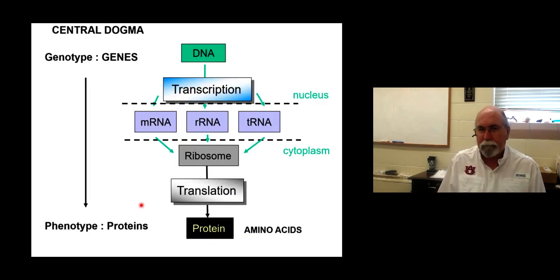Okay. So this is what's known as classically the central dogma. It's basically a model of how we get from genotype to phenotype, meaning that we start out as DNA and we eventually end up producing proteins. The idea being, again, that there are no noses or ears produced, that we don't have genes for those. We have genes that produce proteins that are assembled into these various organs or tissue types.